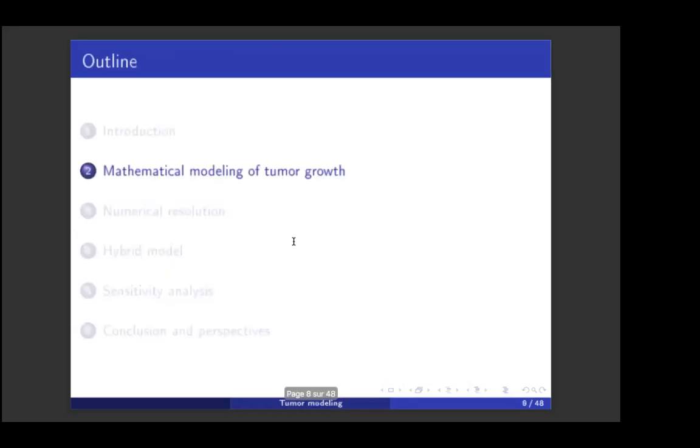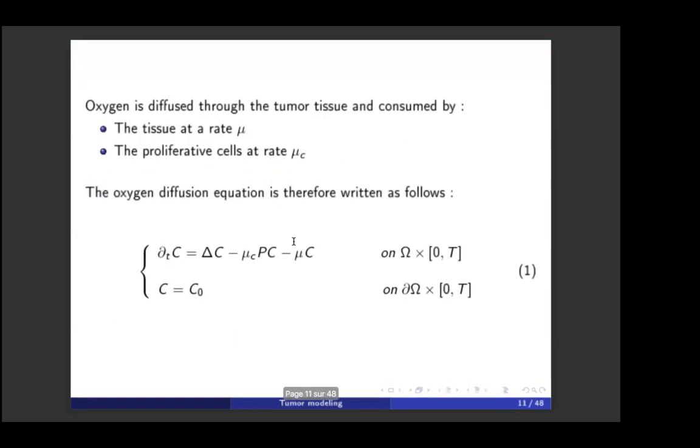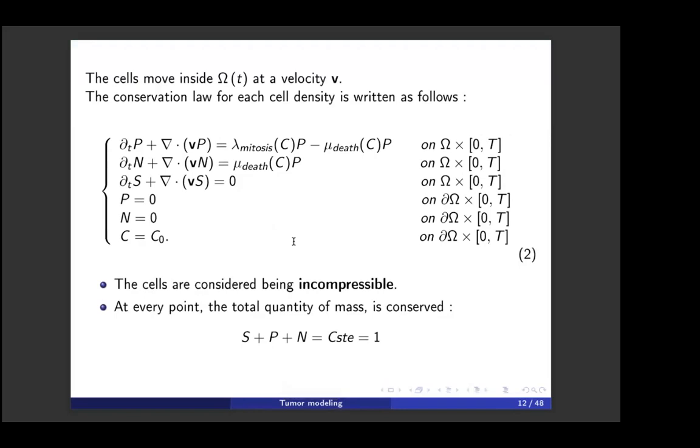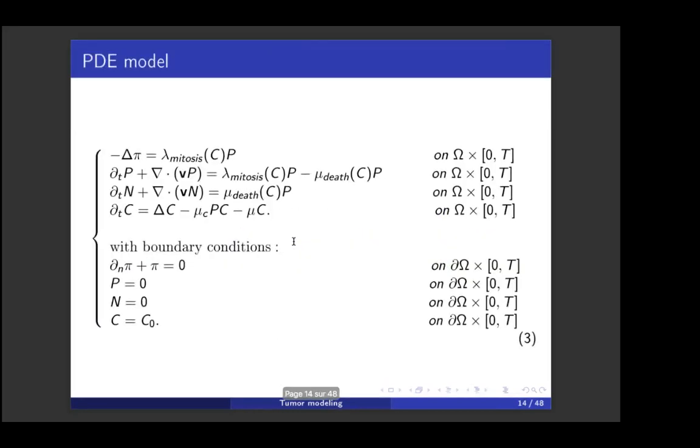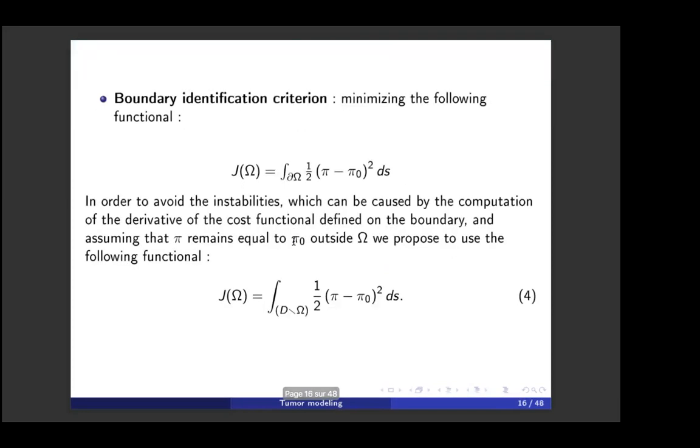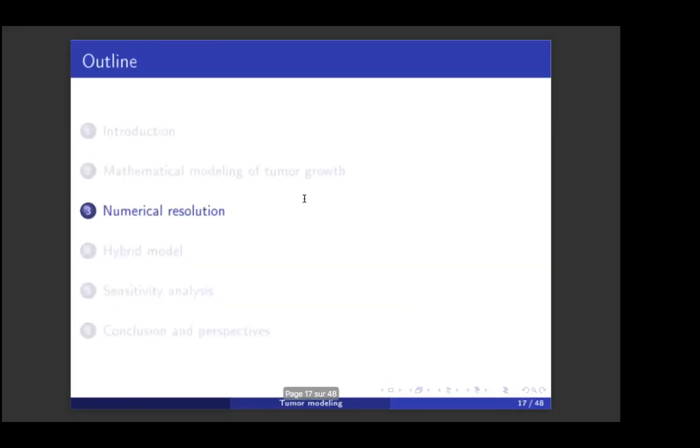About your mathematical question, there are some classical equations. I think there is no difficulty in the proof of the existence of the solution, but the difficulty is, of course, in the computation of the derivative.